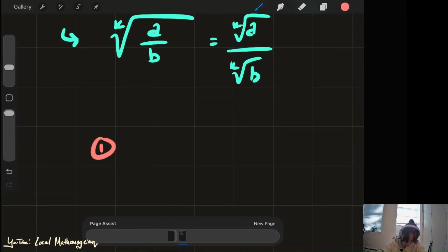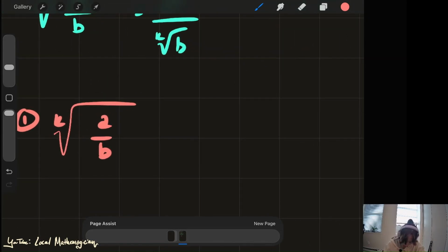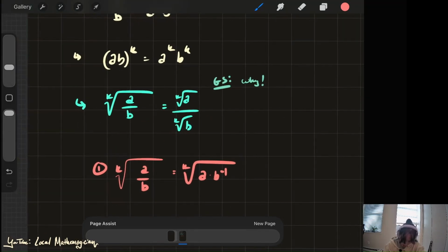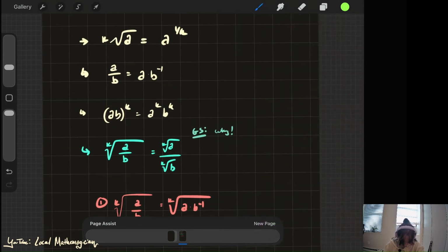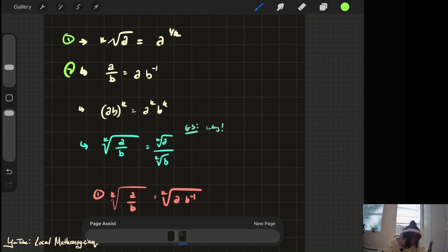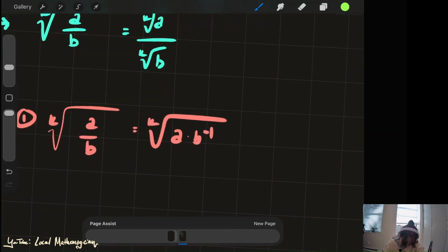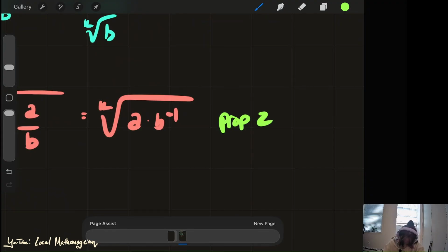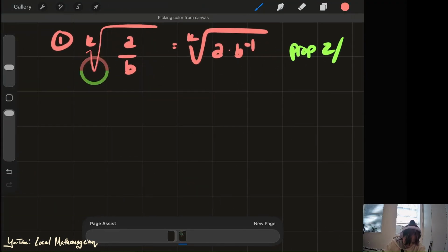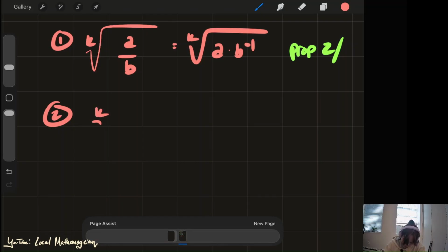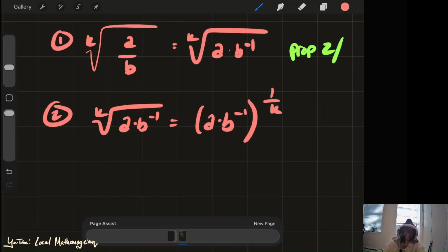Step 1, we know the kth root of a over b is the same as the kth root of a times b to the negative 1, right? And this uses, let's call this property 1, 2, 3, this uses property 2. All right, step 2, I know that the kth root of a times b to the negative 1 is equal to a times b to the negative 1, to the 1 over k, right?